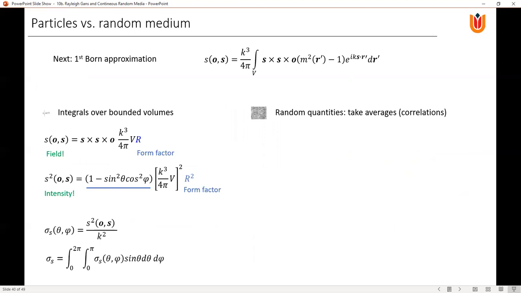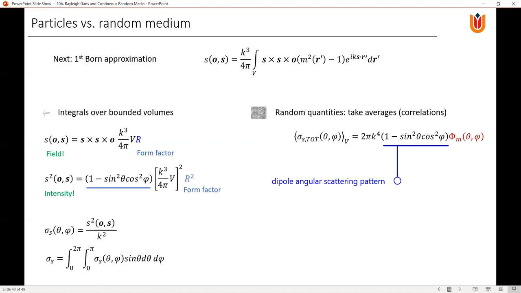So we would have a dipole scattering pattern, the volume of the particle, and a form factor that would describe how a particle would behave. Calculate the coefficients. In the case of the random medium, we would have to take averages, but the same factors kind of appear.